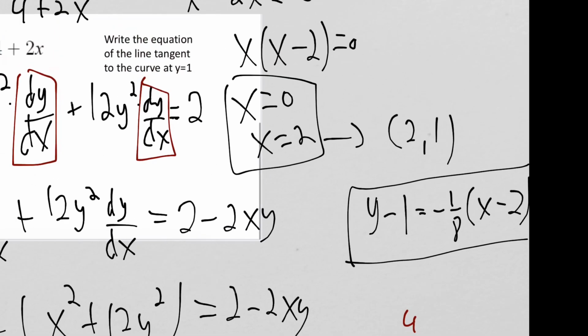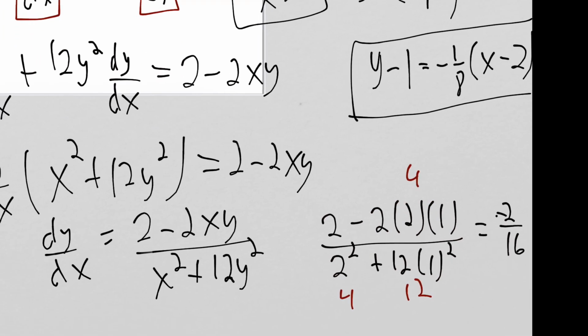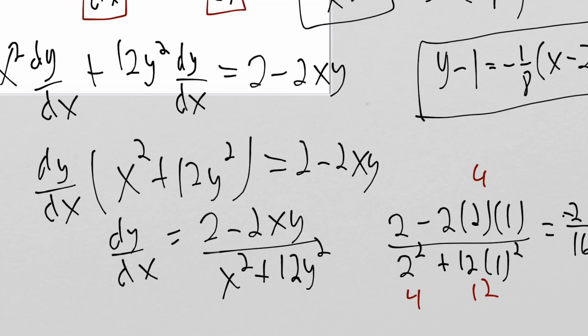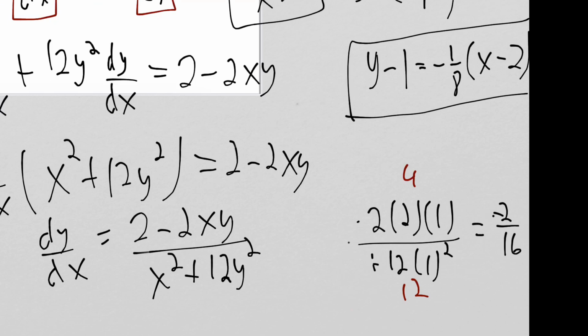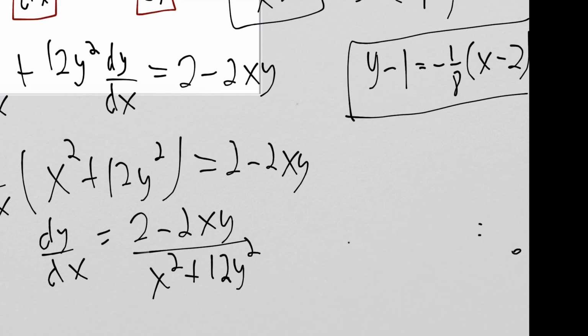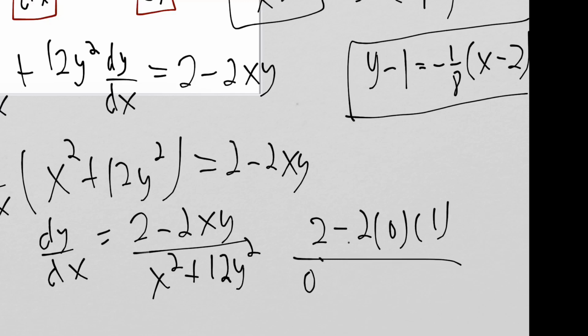Okay, what if we do the point 0 comma 1? All right, well, we'd have to come back down here and plug in 0 instead of 2 for x. Okay, so I'm going to redo this now with a different x value. Okay, so we'll say 2 minus 2 times 0 times 1 over 0 squared plus 12 times 1 squared.